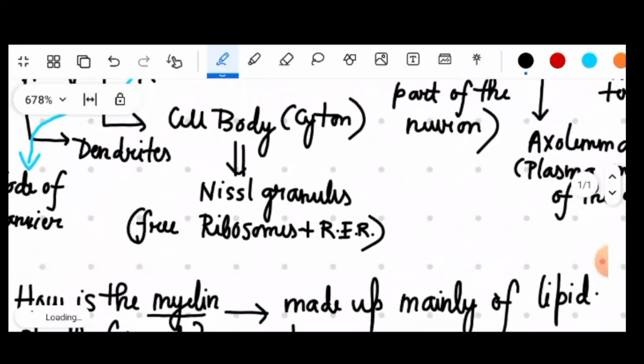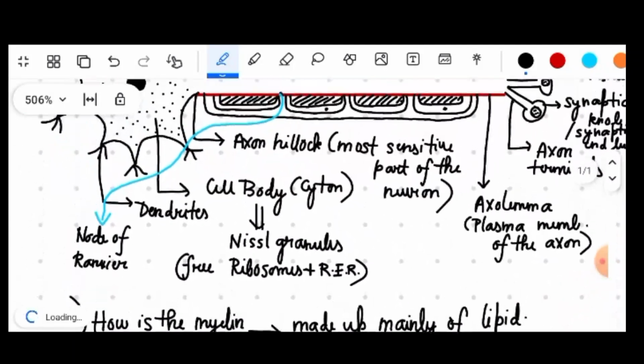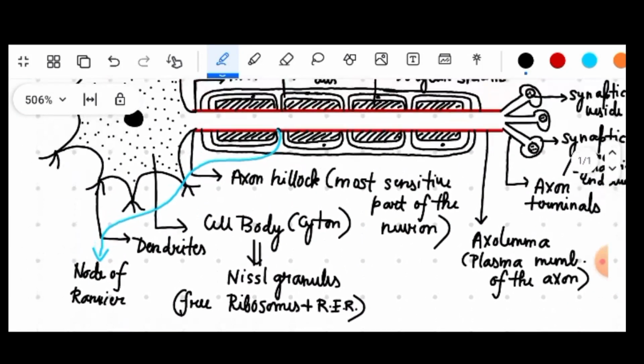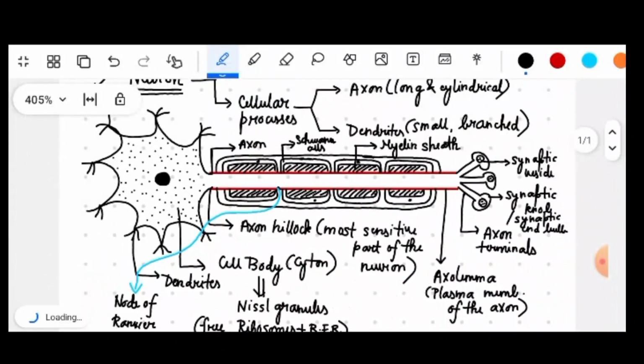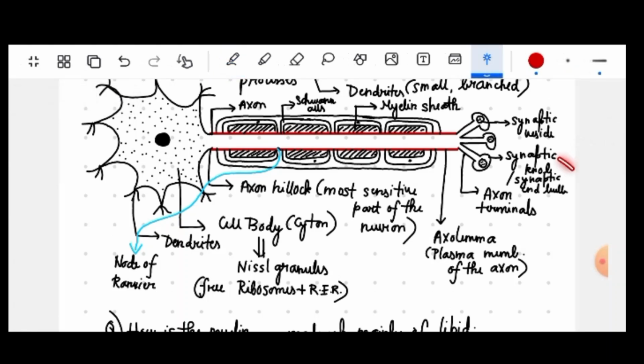Next part, the Nissl granules, free ribosomes are present, and rough endoplasmic reticulum is also present. Dendrites, I've shown you the cellular processes, the synaptic vesicle, the synaptic knob. This is the synaptic knob, the synaptic vesicle, and the axon terminals. The axolemma is the plasma membrane of the axon. The axon hillock, this region, is the most sensitive part of the neuron.